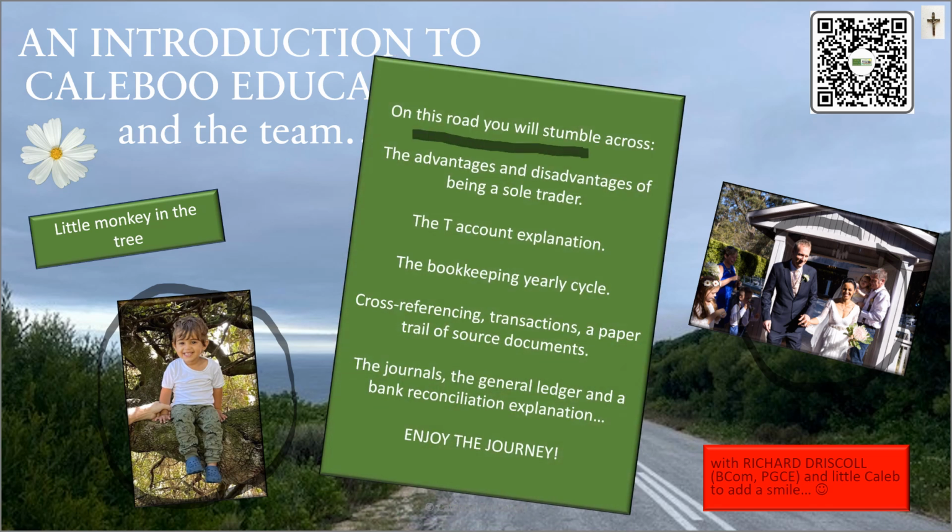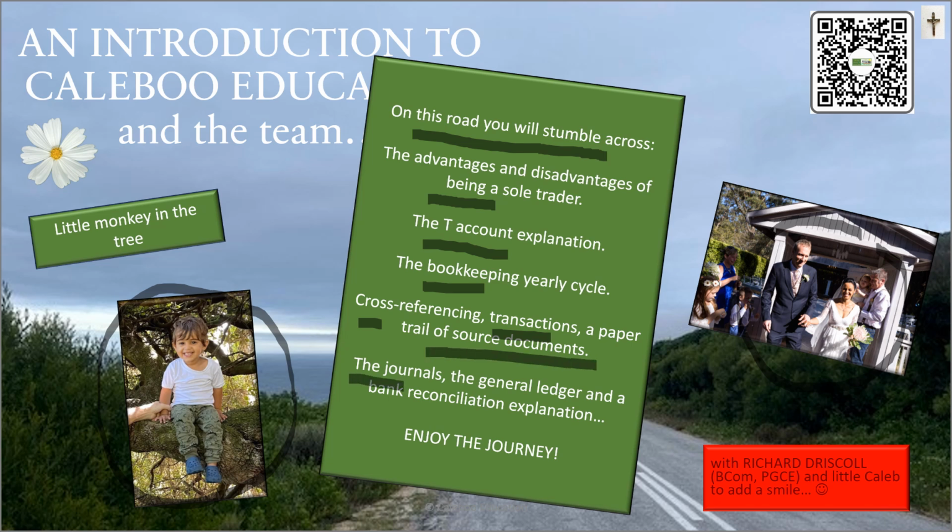So on this road, we're going to stumble across the advantages and disadvantages of being a sole trader. I will explain to you what a T account is. We will look at the yearly bookkeeping cycle. I will explain to you what cross-referencing means, what a transaction is. We'll look at some source documents.